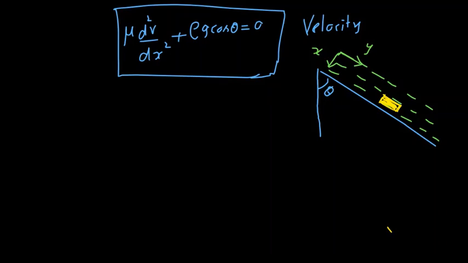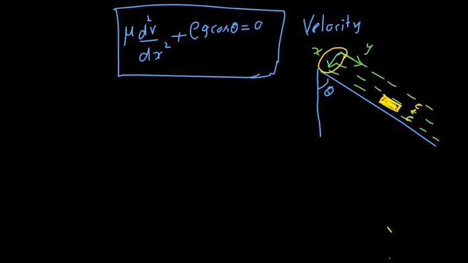So you can tell what is the velocity at this point, at this point, at these points. So it is a function of x, and the x being reckoned in this fashion. Rho here is the density, g is acceleration due to gravity, and theta is the angle at which the inclined plane is actually inclined.